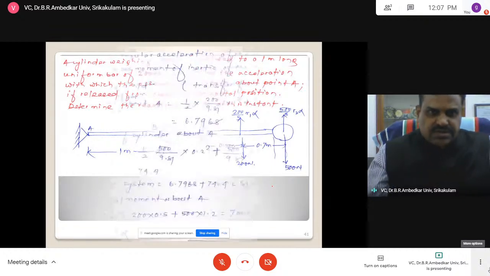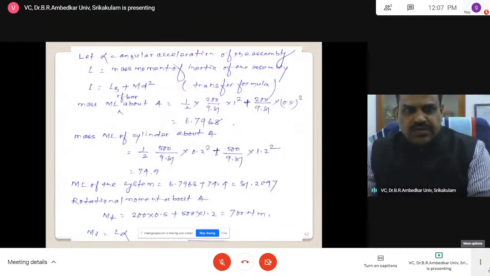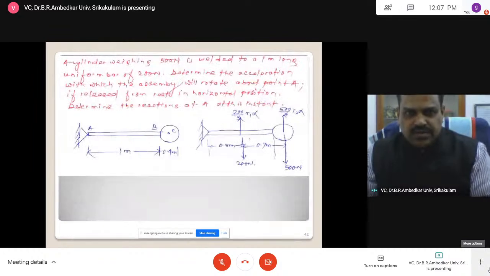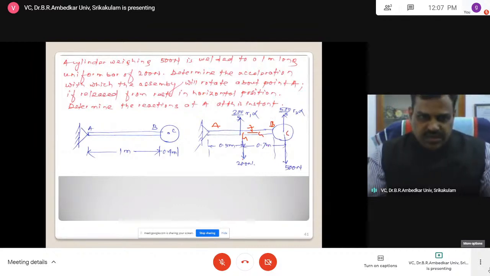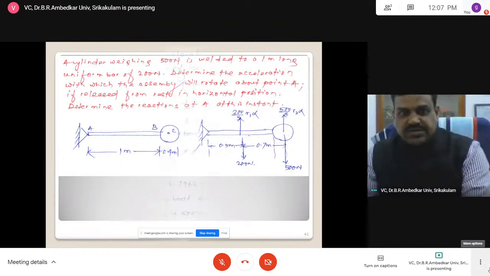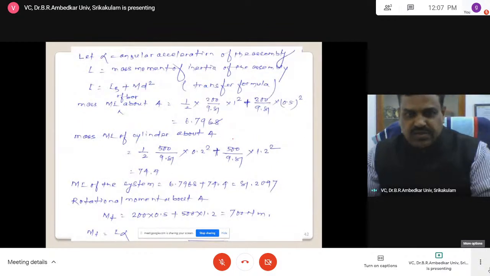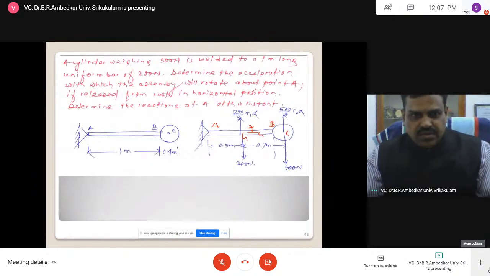So now let us consider. This is the center of gravity G. This is IG. This is, let us say, A, and this is B, and this is G. The mass moment of inertia about this axis, we use the parallel axis theorem. This is D1 and this is D2.